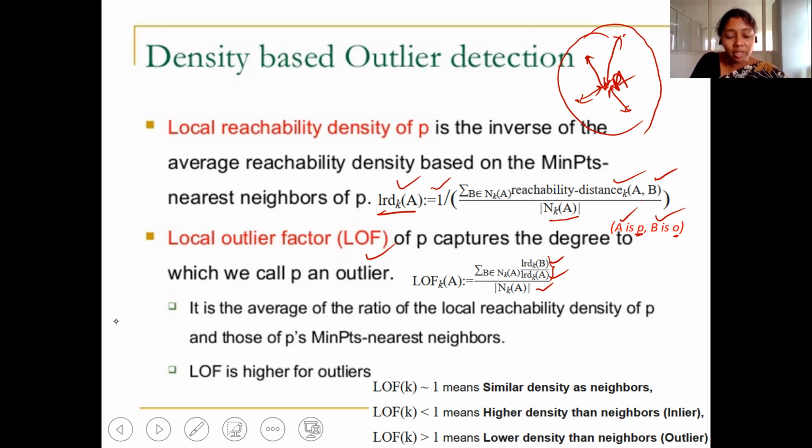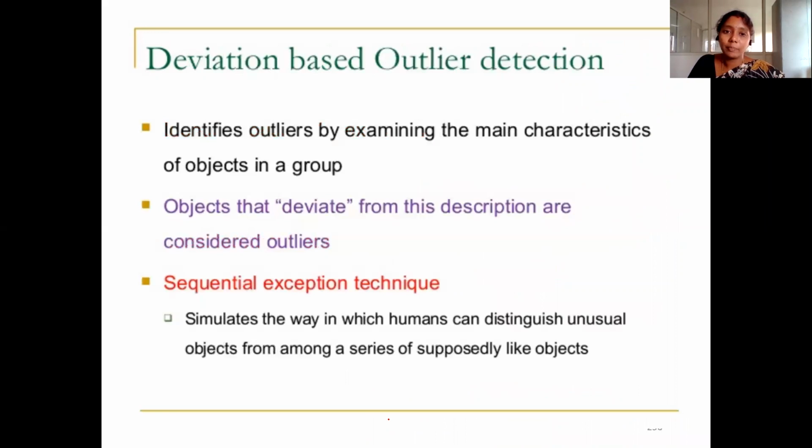So local outlier factor is higher for the outlier. If it is greater than 1, the particular object is an outlier. Otherwise, that is not an outlier. So if you want to know whether the object is a local outlier or not, and with which degree it is a local outlier, you need to go through all these things to find the local outlier factor.